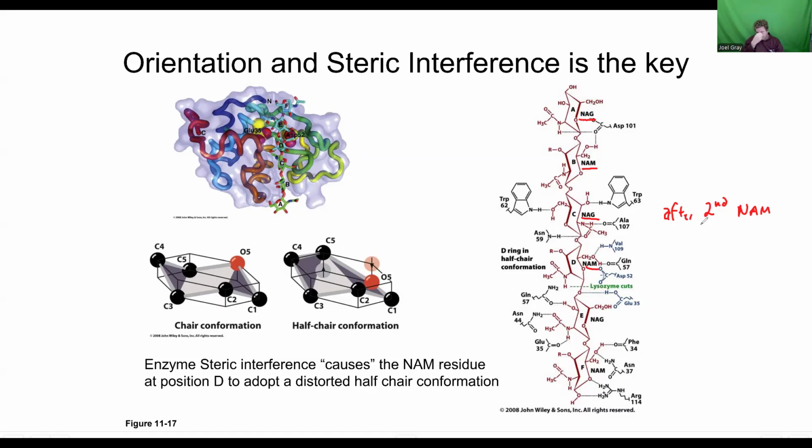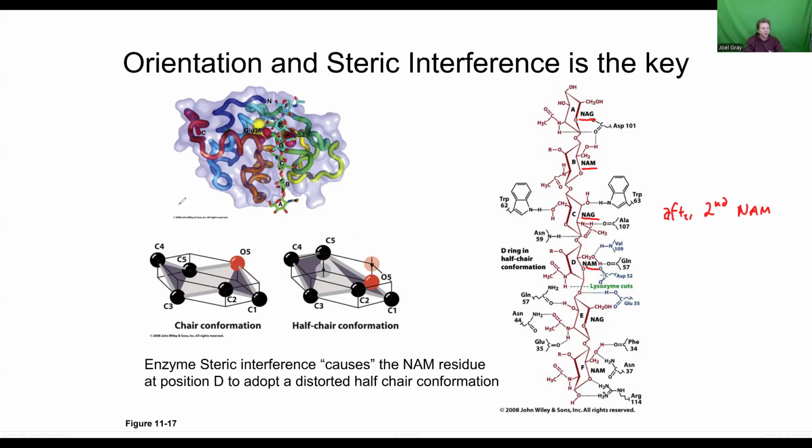Now, this enzyme is also capable of identifying, okay, here's my pattern, and here's the fourth one, and it's going to cut there. So, yes, this enzyme can pick up randomly within a chain, find 1, 2, 3, 4, and cut.